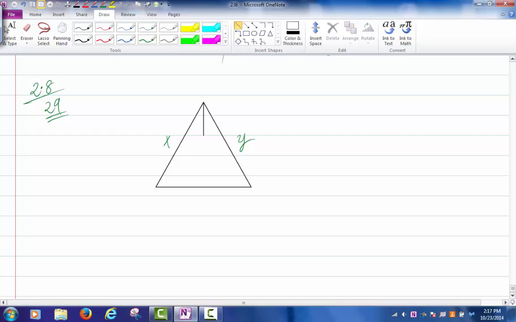What we are given is that this angle here, let's call that theta, and these two sides are actually fixed. So one of the sides will be 4, the other one is 5 meter.